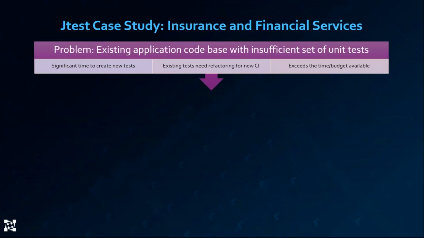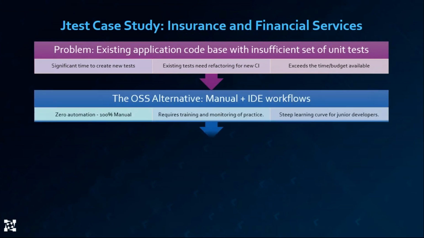The problem was the existing unit tests wouldn't work in the new CI infrastructure, and they frankly didn't have the time to rebuild them all. To start with, they looked at what's out there today, what they could use from open source. What they identified as the best approach was manually creating those tests and using some of the IDE workflows that can do basic assistance.